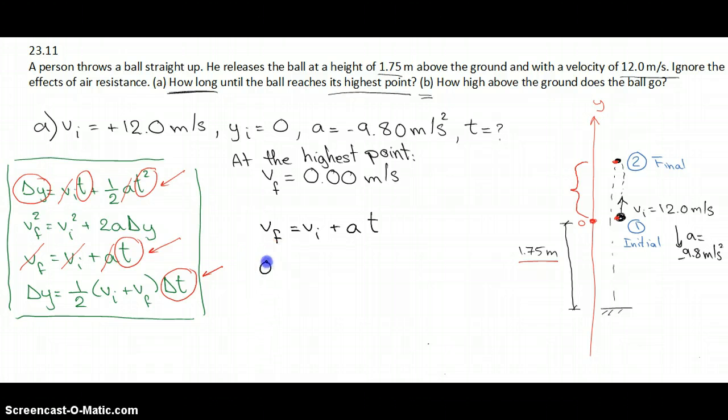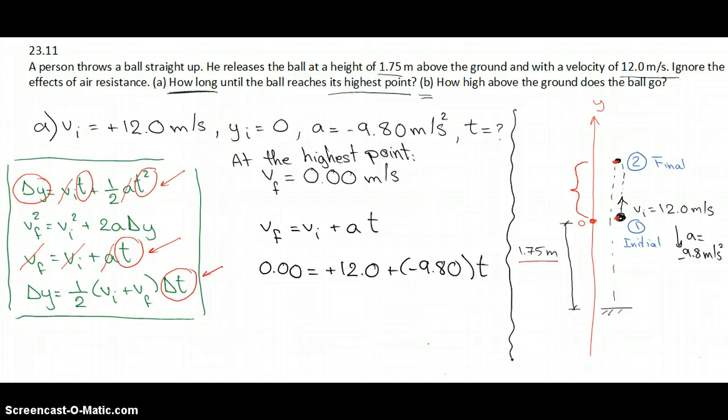Final velocity, I will substitute 0 equals to positive 12 plus negative 9.8 multiplied by time, which stays as a variable. Okay, so the first step is I subtract 12 from both sides.